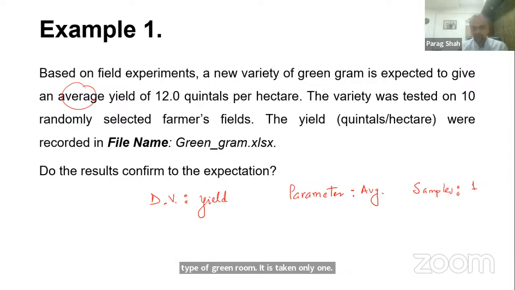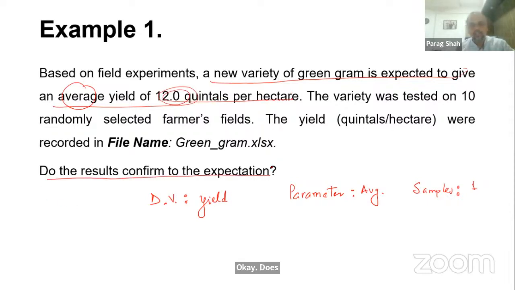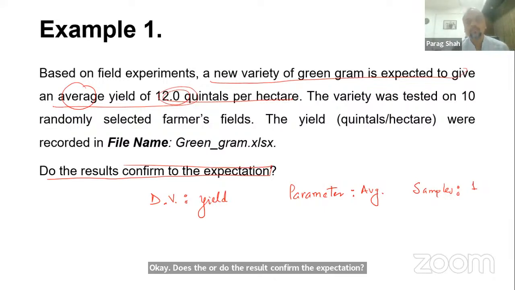So, what is the question asked? Based on the field experiment, a new variety of green gram is expected to give an average yield of 12 quintals per hectare. Do the results confirm the expectation? What was the expectation? That it will give 12 quintals. So what will be the answer for this?